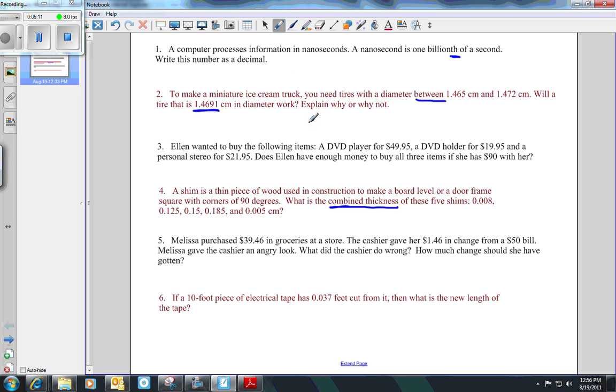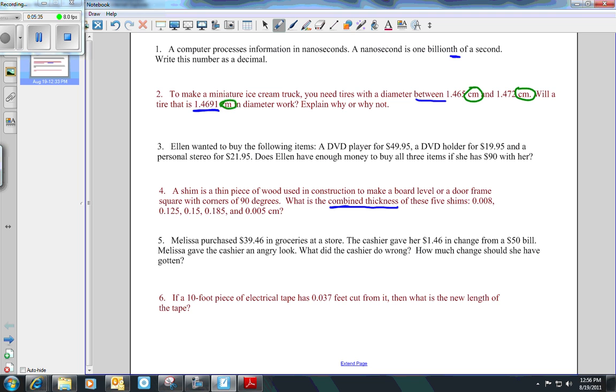Number 2, when you're doing word problems, you should be circling labels in your problem or highlighting in a specific color or something to make sure that all your labels are the same length. Because 12 inches plus 3 feet is not 15 inches and it's not 15 feet. It's 4 feet.